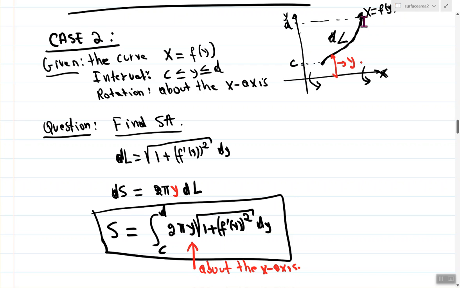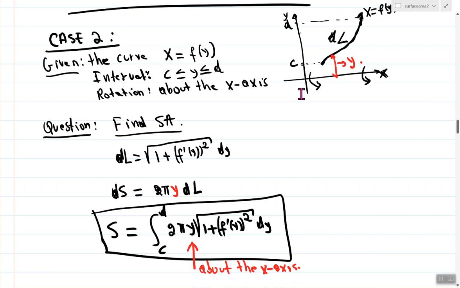It's a function of y, and so the rotation is still with respect to the x-axis. So that makes y the radius of the circle, and the arc length is still dl, but the interval is given in terms of the y variable.